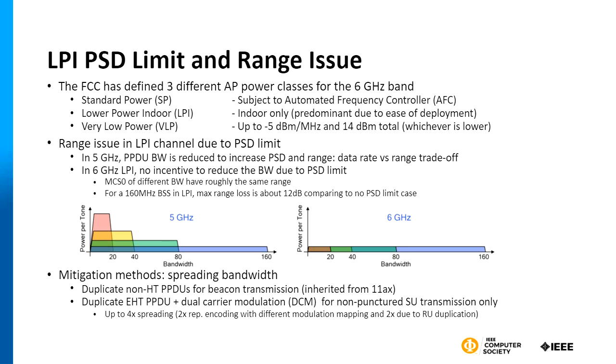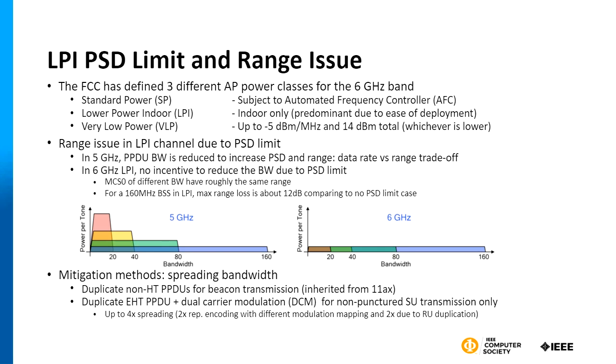So given that these rules had a limit which was on the power spectral density, we defined several modes to increase the range that is impacted due to the PSD limits. And those methods were based essentially on duplication of the transmissions over multiple channels. For example, the generation of PPDUs with beacons that are duplicated over multiple 20 megahertz channels increases the likelihood of the reception of this beacon over a wider range due to replication of the information.